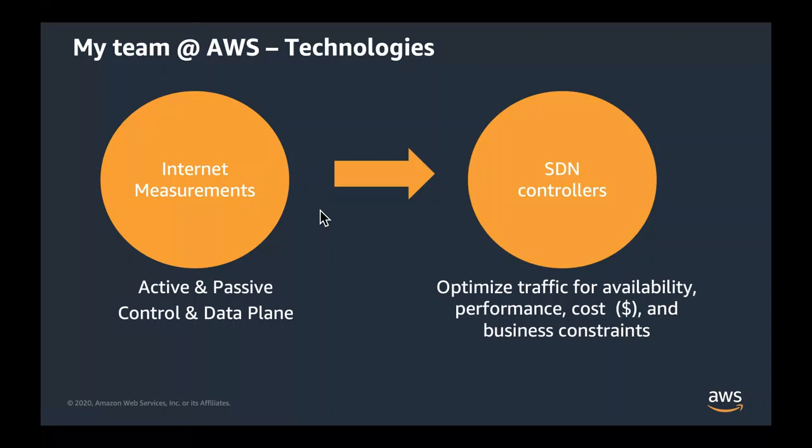SDN controllers have a pretty interesting task because they have to optimize traffic across many different dimensions, like availability, reachability, then also performance, which is latency, jitter, throughput, and dollar cost of routing. At our scale, it's actually a pretty important factor to consider as well. And finally, business constraints like commit rates also have to be factored in.